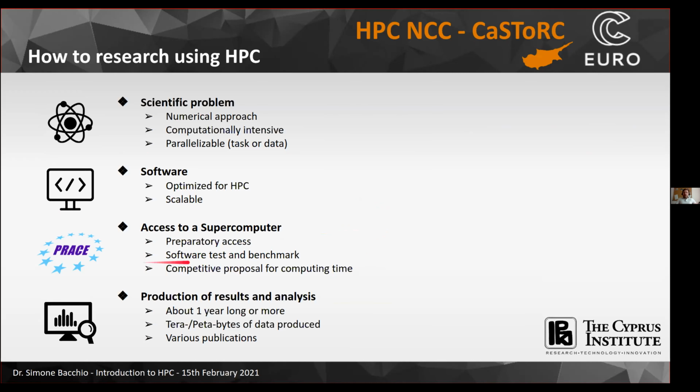So in these proposals, you need to include the software test, benchmarking, and show that you are ready to use the system. Because these are huge systems that everybody who does academic research can access, but they are very precious resources. And then, of course, when you get access to the resources, you can start production of your results. You produce data. You do all your scientific programming. You will produce publications out of it.